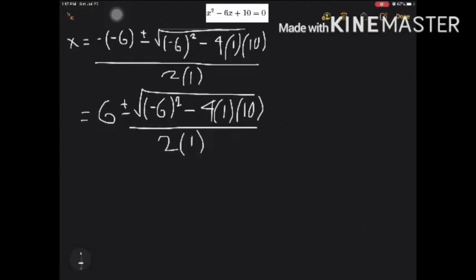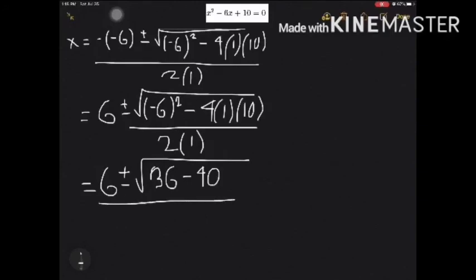Then we're going to find our discriminant. Plus minus the square root of negative 6 squared, which is positive 36. Then negative 4 times 10 times 1 is negative 40.